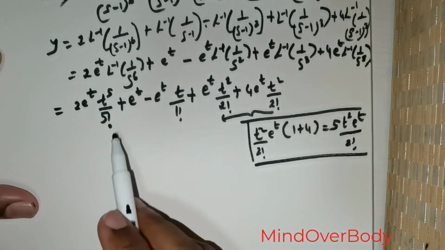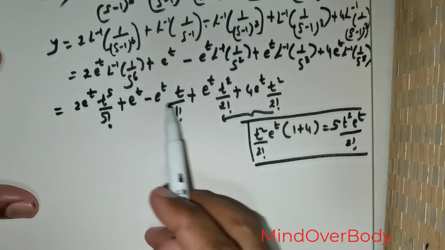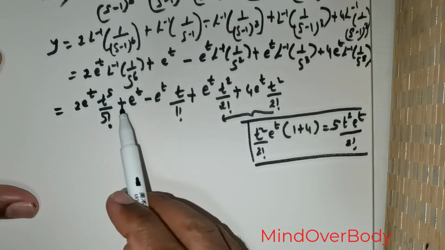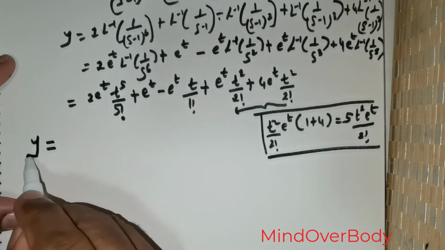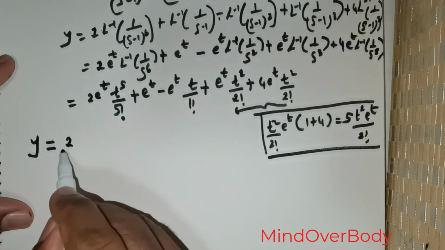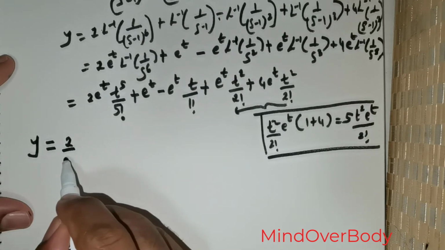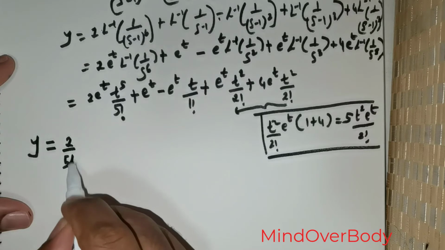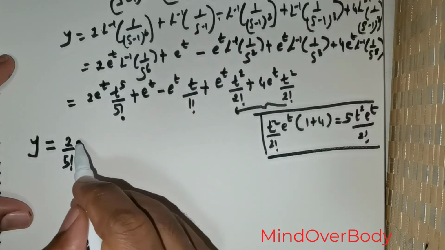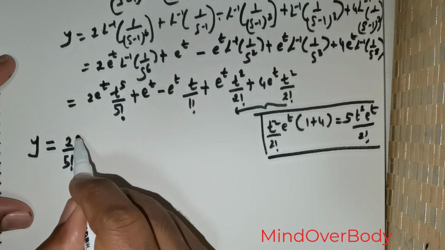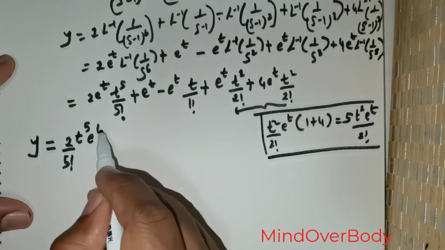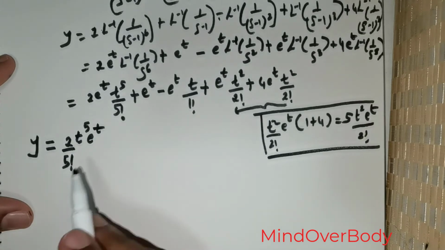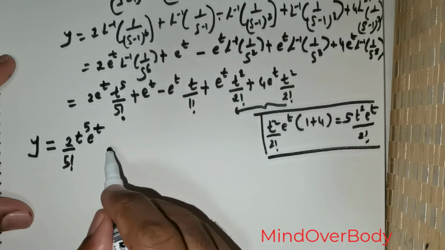Is there anything else? Okay, I can't do anything with this and this. I need to write them as they are. So what will be the solution for y? I start with 2 over 5 factorial, and I will write t^5 times e^(2t), followed by t squared, that's the next power.